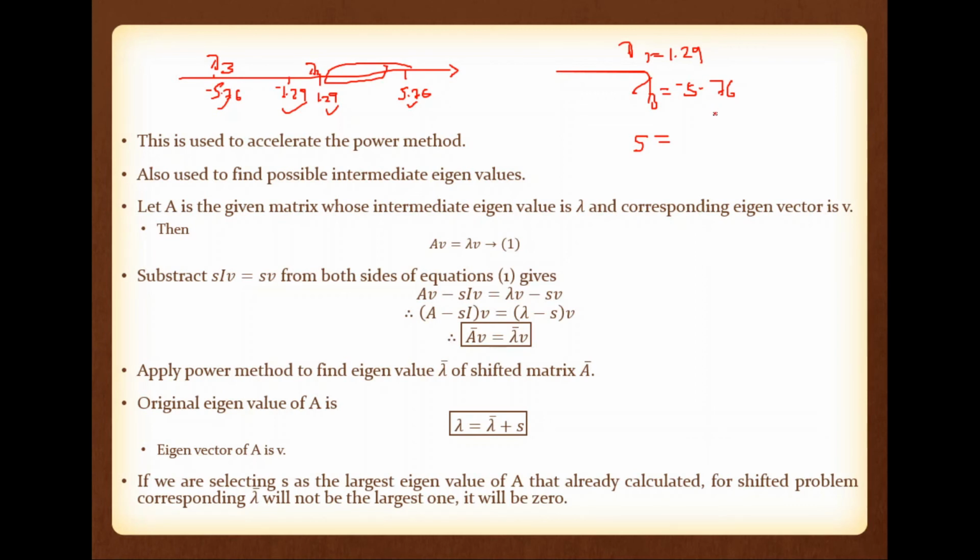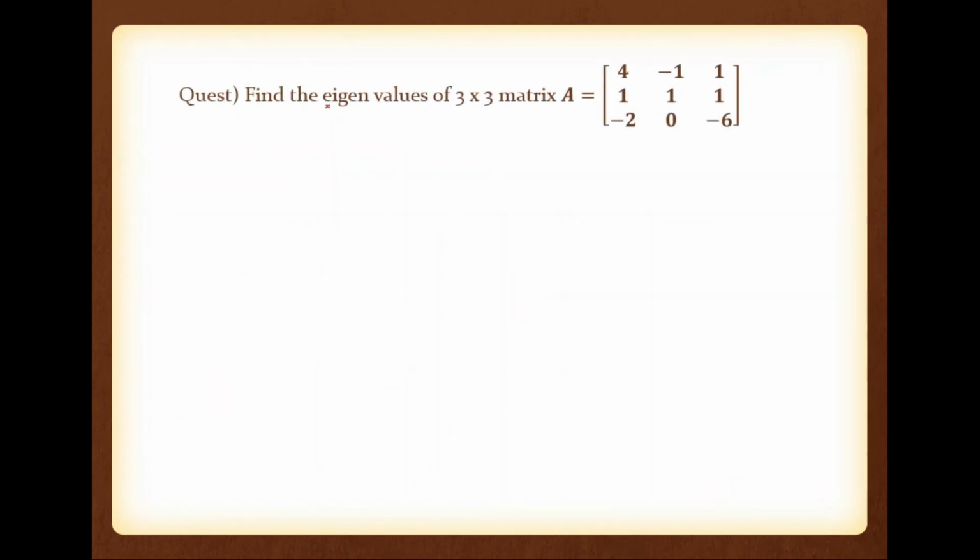Okay. So we are going to apply this one. We are asked to find the eigenvalues of A equal to this one. We already have two. We are going to find the third one. From the magnitude point of view, definitely that one is an intermediate one. So for that purpose, we are using the shifting power method.